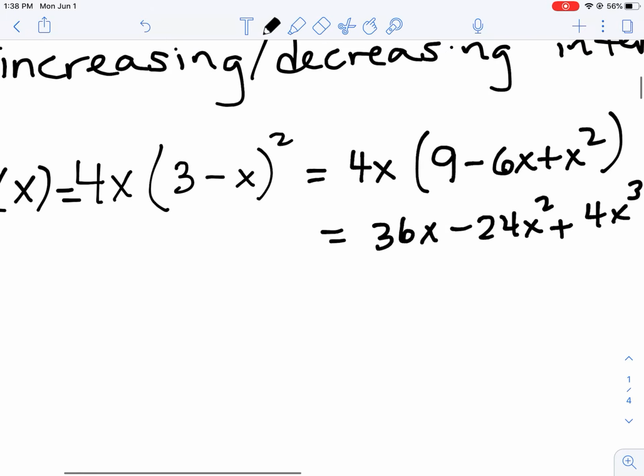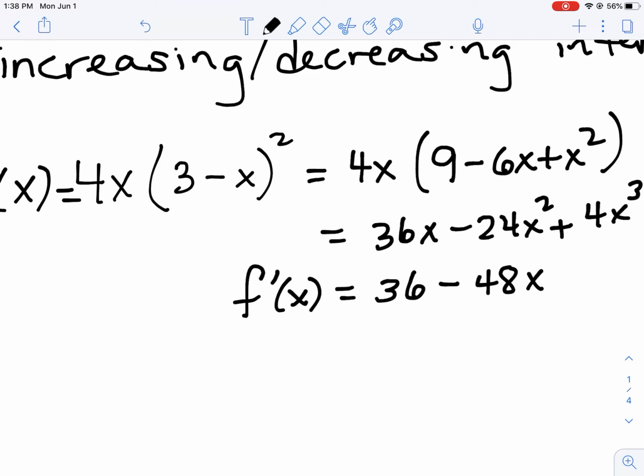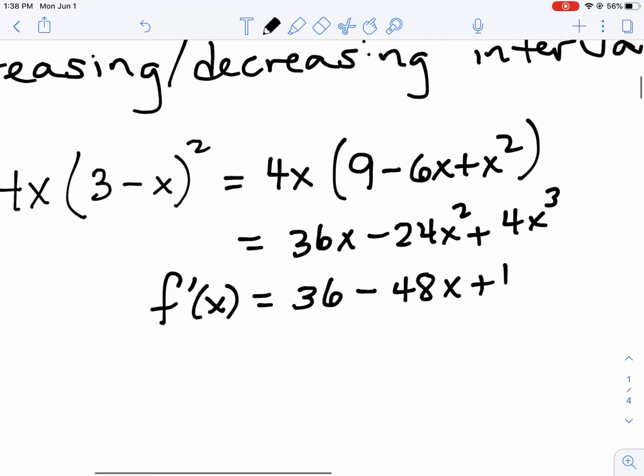So the derivative of this is going to be 36 minus 2 times 24 is 48x plus 12x squared. Now remember, we have to find where these are positive, negative, or 0. So usually we find where the derivative is 0.